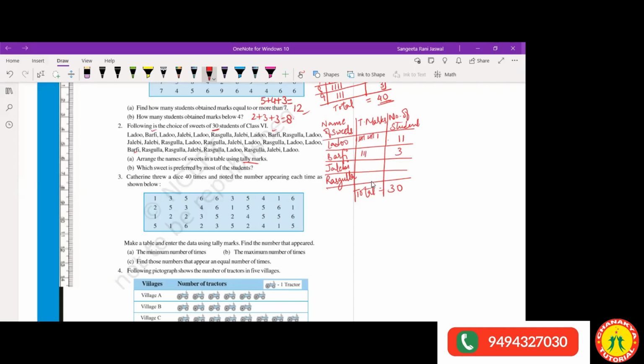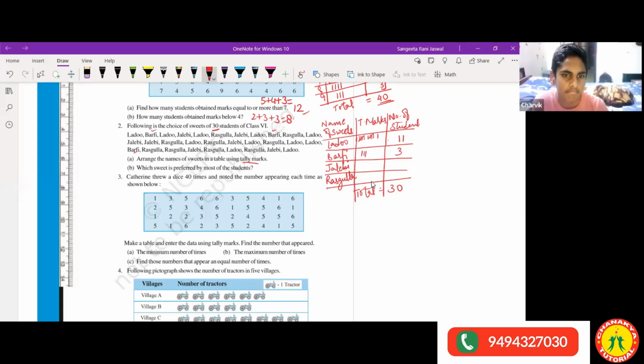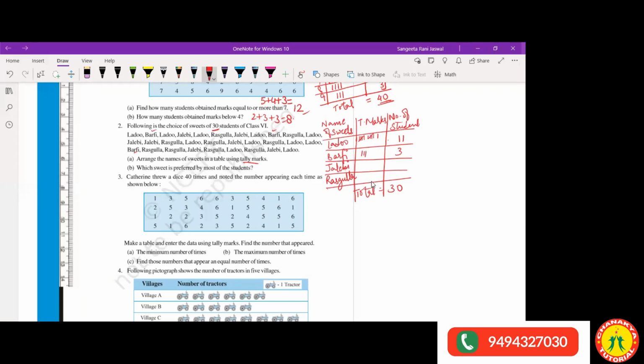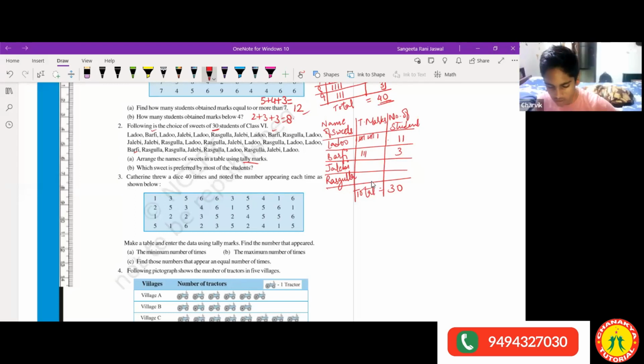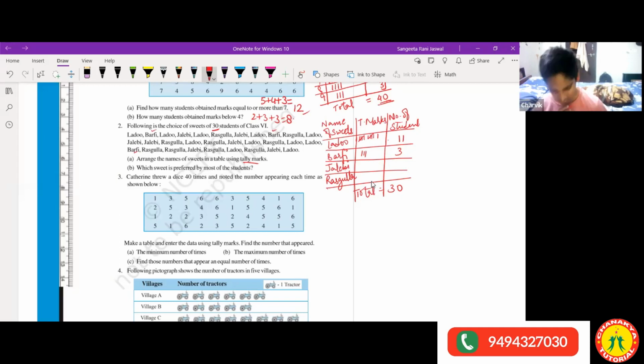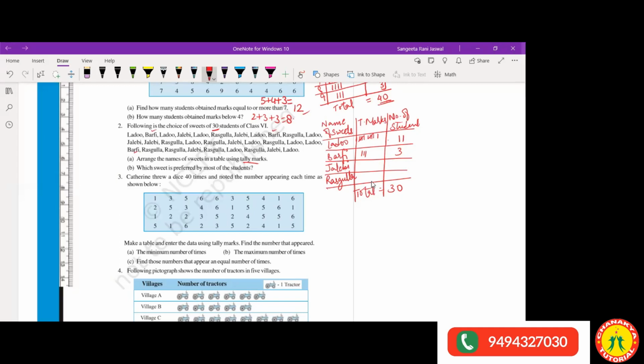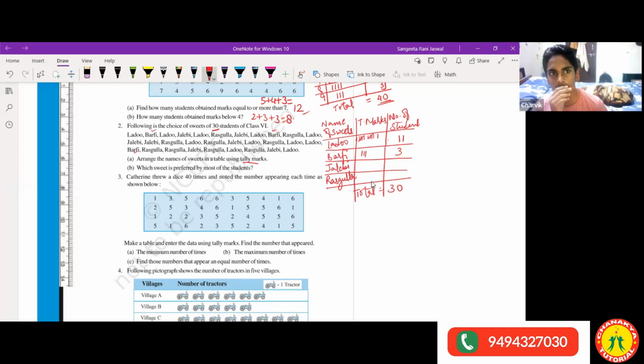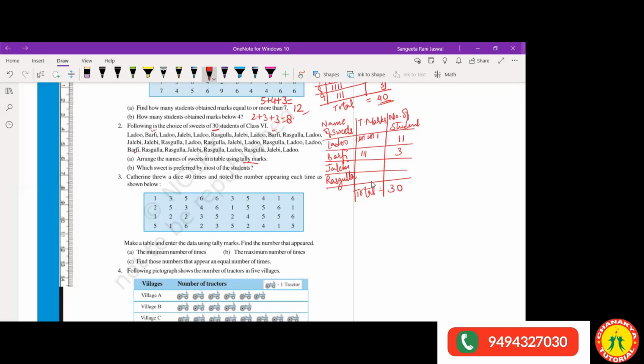Which is the most famous sweet in your area? Ma'am, I think laddu. Where you are staying, which is the most famous sweet? Ma'am, we stay in Telangana. Others also, please tell me which sweet is most famous in your area.